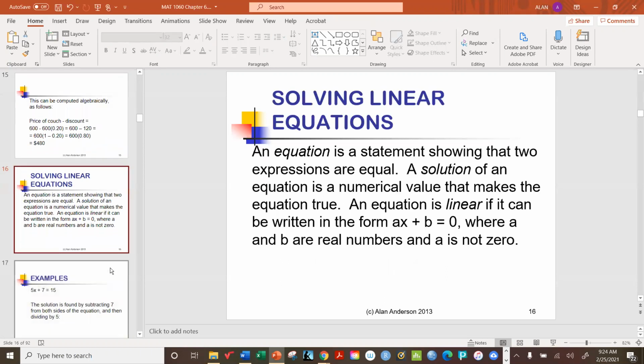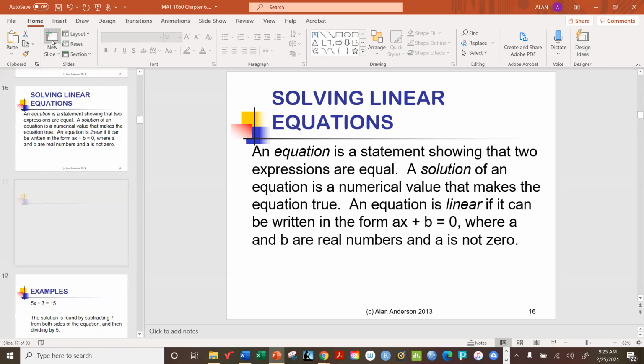Now, linear equations. This is something you're probably all very familiar with, but we need some practice. We're going to solve linear equations, which means we have a straight line and we're essentially looking for the point where it crosses the horizontal axis. All right, so for example, let me show you a quick picture of that.